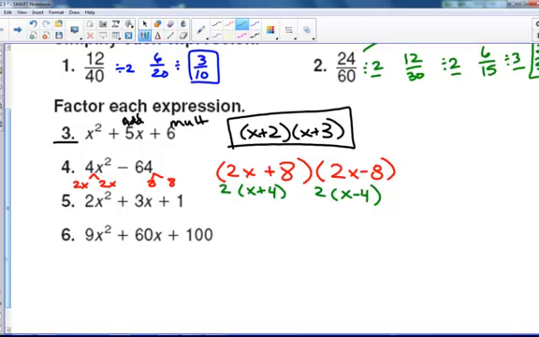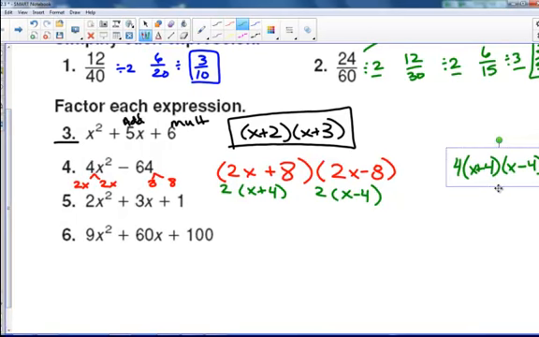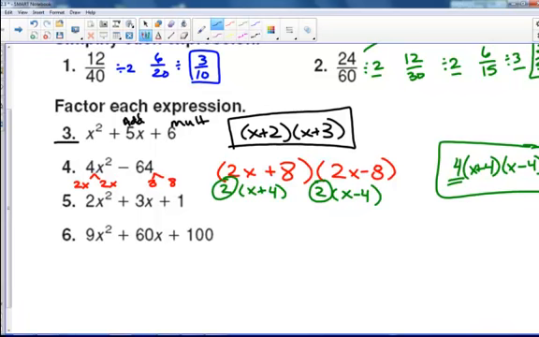So I should write this as 4 times (x plus 4)(x minus 4). That's my most simplified factoring, because these 2 2's, 2 times 2 is 4, and then x plus 4, x minus 4.